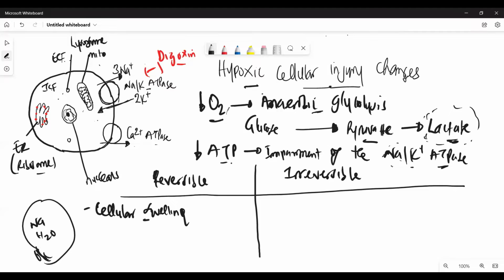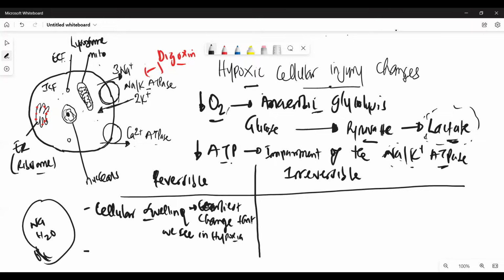So this cellular swelling is usually the earliest change that we see in hypoxia. So that could be a test question. The earliest change that you want to see in hypoxic cellular injury is always cellular swelling, right?